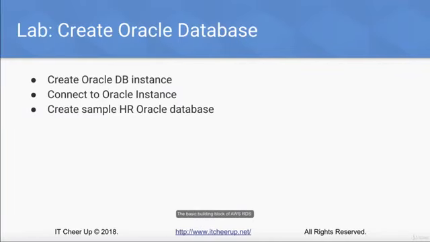The basic building block of AWS RDS is the DB instance. In this lab and the next lab, we will create a sample DB instance with the commercial database engines, Oracle and MS SQL. We will set up the DB instance with public access so you can connect to the DB instance and run a simple query.